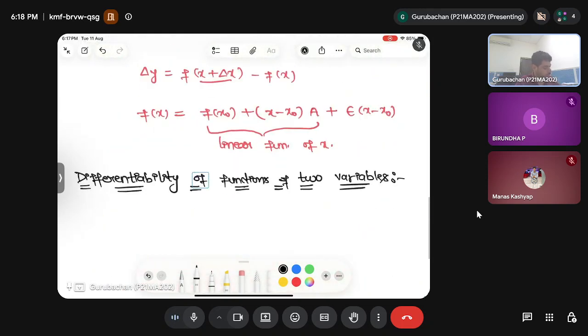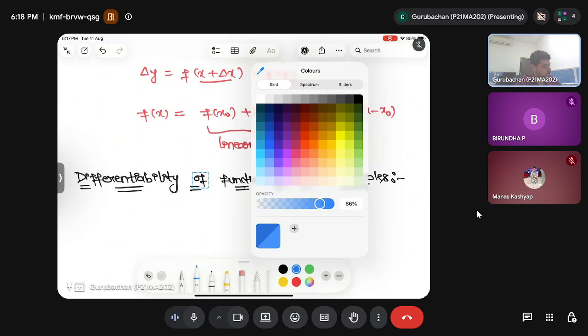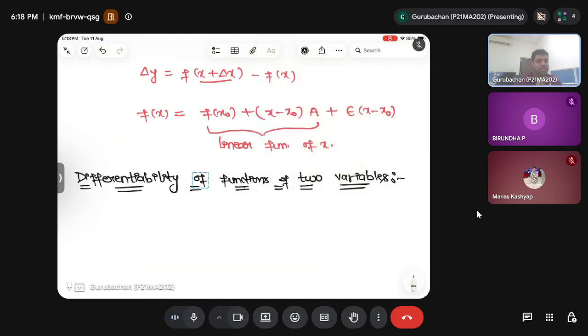So here the change, as mentioned by Manas, is that since there was dependency on only one independent variable earlier, here the dependency is on two independent variables. That means earlier there were two terms on the right-hand side, here there are going to be four terms on the right-hand side.